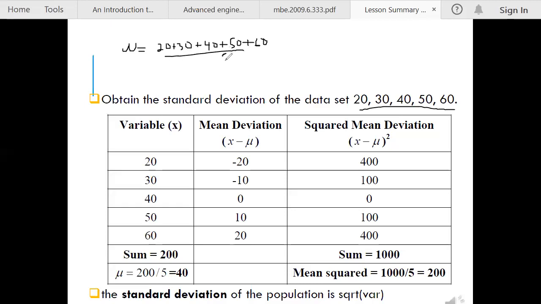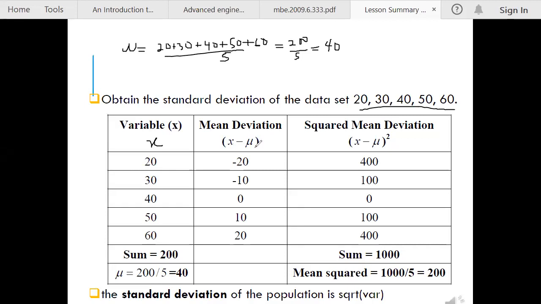That is the mean. Once you do this calculation, you should get 200 over 5, which gives you the mean as 40. Good. Then, like I said, you create a table with x and x minus the mean.